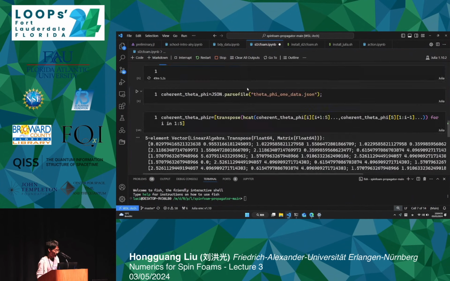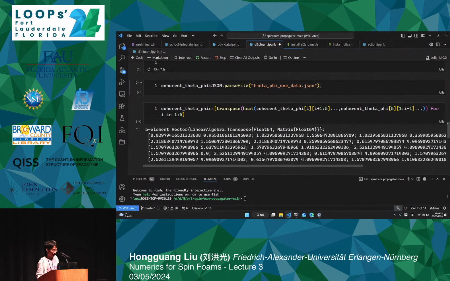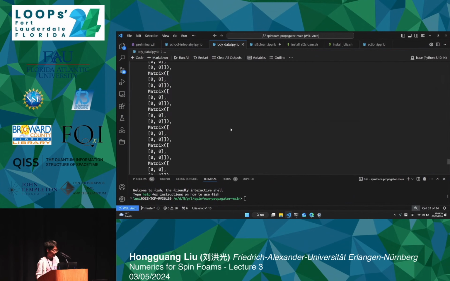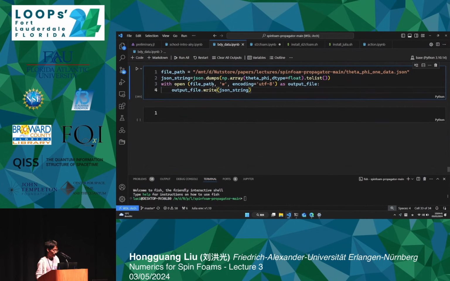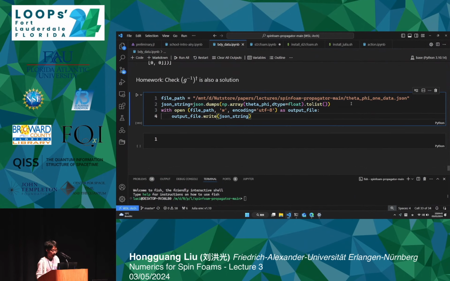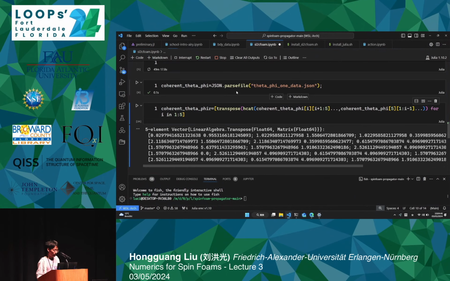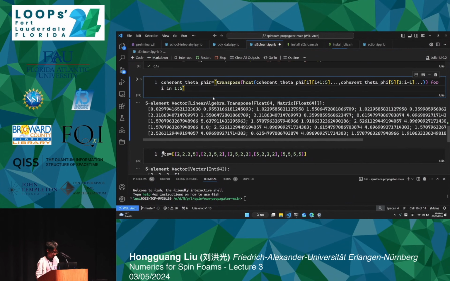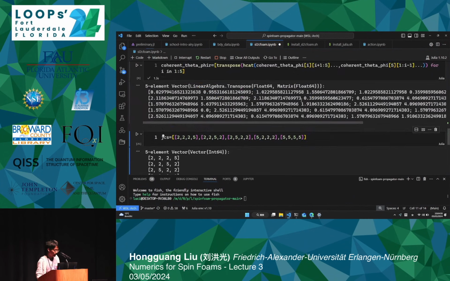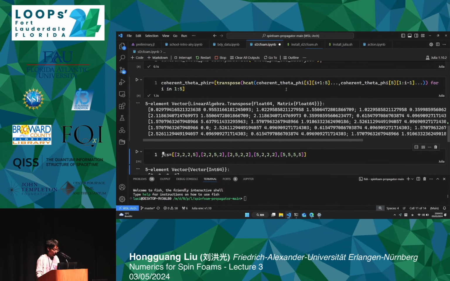But if you need more, then the coherent state. And now we load our data calculated from here. I export this boundary coherent state, which I call theta phi, into a file, and then I load it again. Rearrange it a little bit. It must be in this form, which is a 4x2 matrix for each tetrahedron.